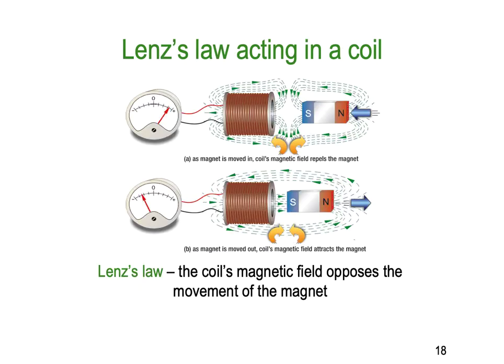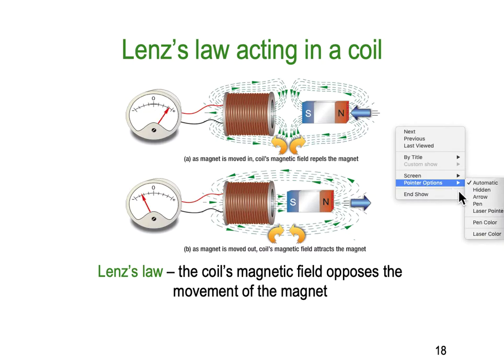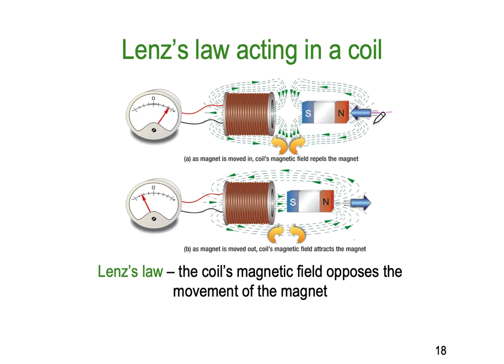So Lenz's law acting on a coil. As the magnet is moved into the coil, the magnetic fields want to repel each other. So as we're moving from left to right, up here on this one we're moving in this direction. Once the magnet is inside the coil, the coil produces its own magnetic field, which wants to then push the magnet back out again.